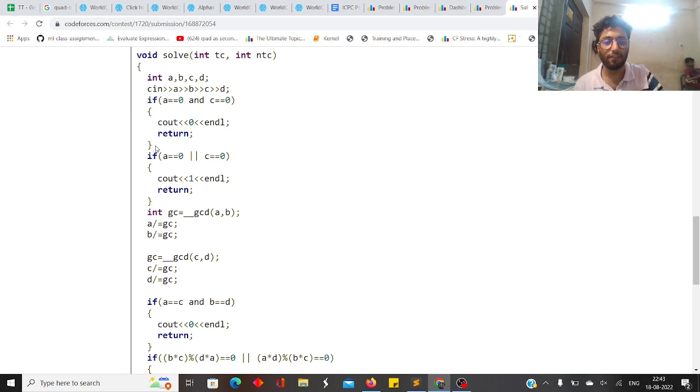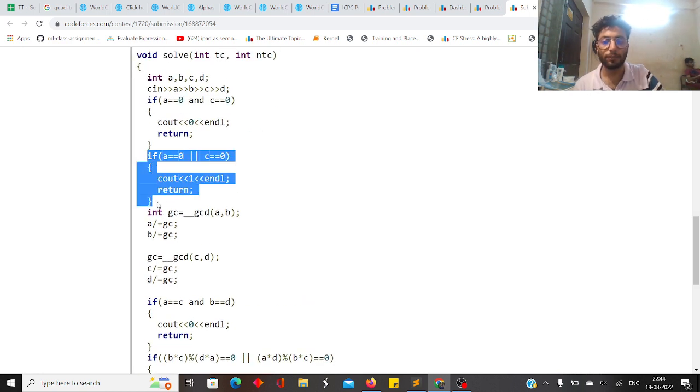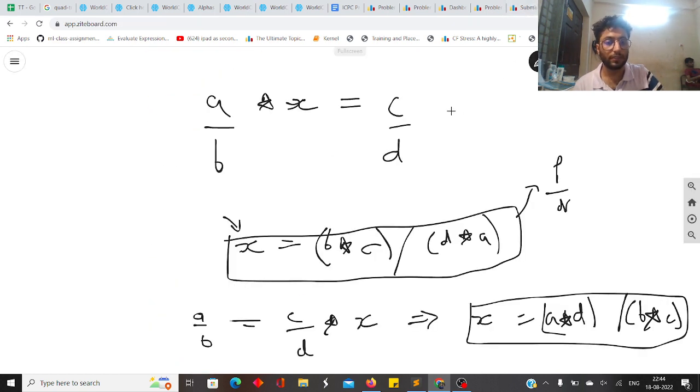So this is a trivial case in which many people might have failed the system testing, because in this case only the value of b and d doesn't matter, and if one of the fractions is 0, then I can always multiply the other fraction by 0, and I can achieve an answer of 1 by just multiplying the other fraction by 0.